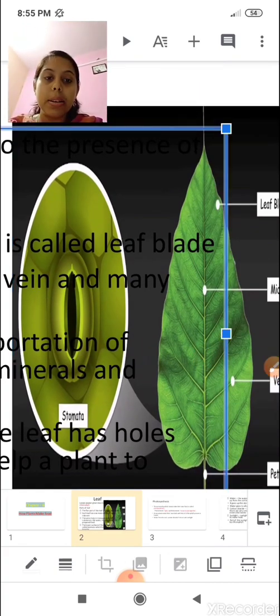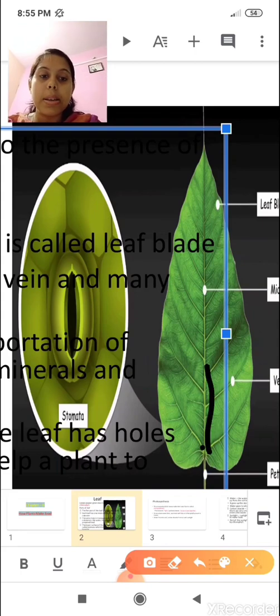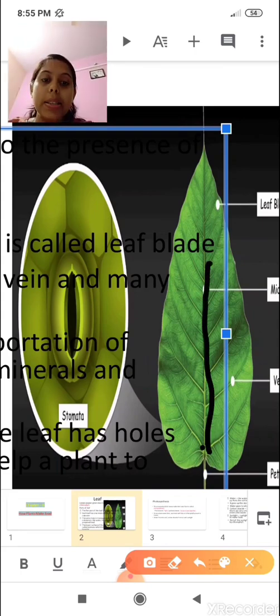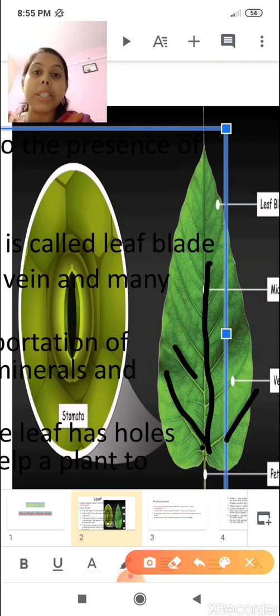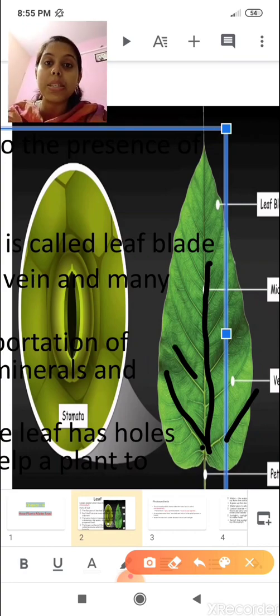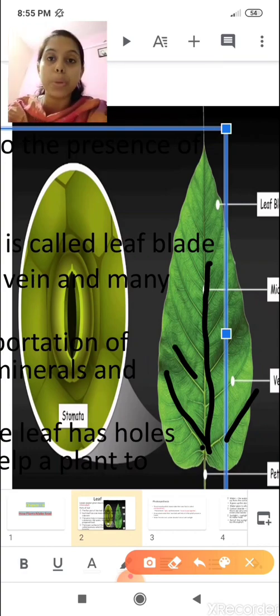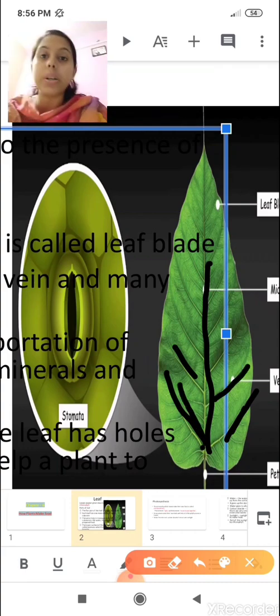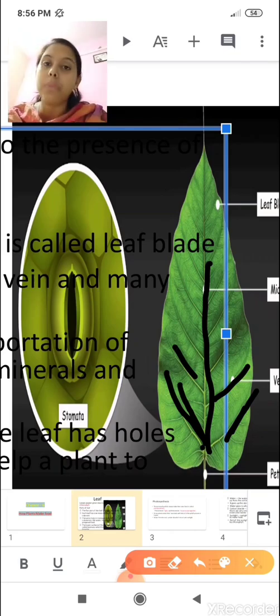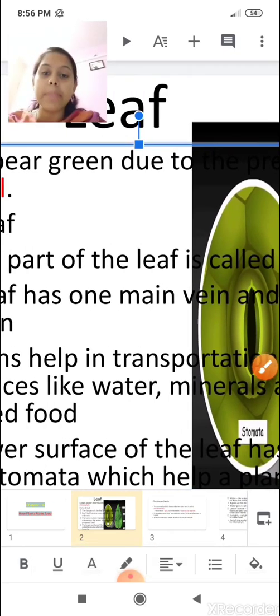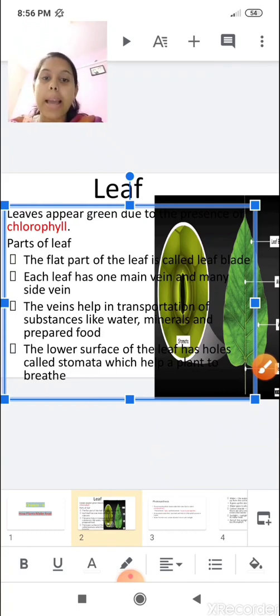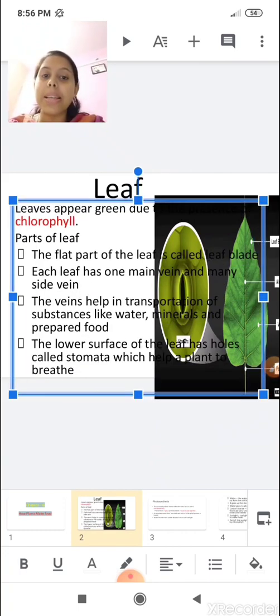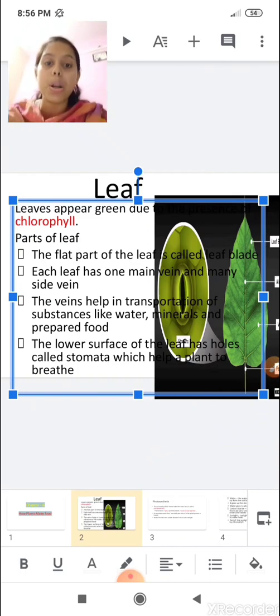This line is the main vein and this is the side vein, which carries the water from the stem. The stem carries the water from the roots and transfers the water to the leaf, and these veins present in the leaves distribute the water to the whole leaf. Then we have seen the veins help in the transportation of substances like water, minerals and prepared food.